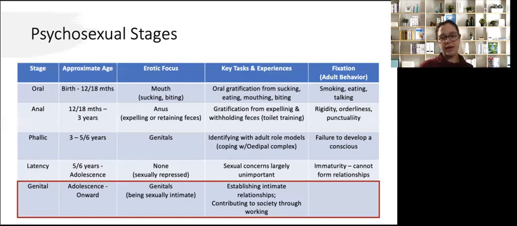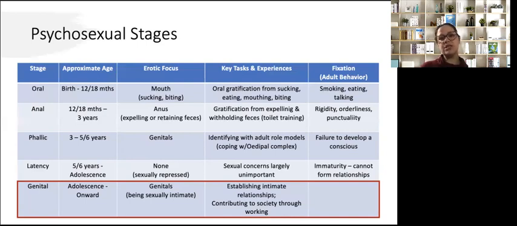Okay, so having sex. The experiences in this stage are focused around establishing intimate relationships and becoming a contributing member of society. Okay. If you get to this stage, according to Freud, you're not going to have any fixations because you've successfully progressed through all of the stages, right?